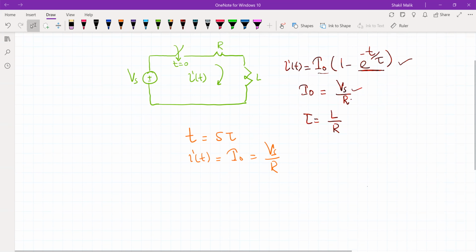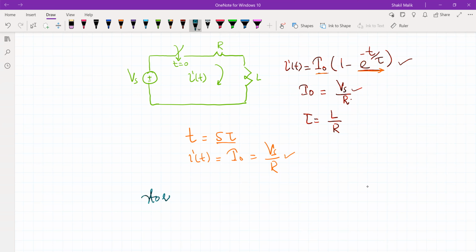So the steady state value ideally is at infinity, when this term becomes 0, and the final value is I naught. But for all practical purposes, we assume that steady state arises in 5 time constants, when t is equal to 5 tau, and the steady state value of the current will be Vs by R. And when the inductor is in steady state, it stores the maximum energy.